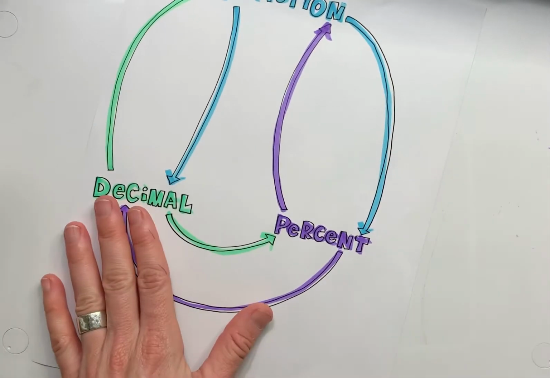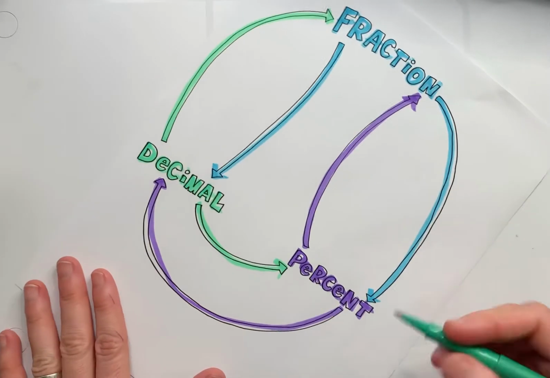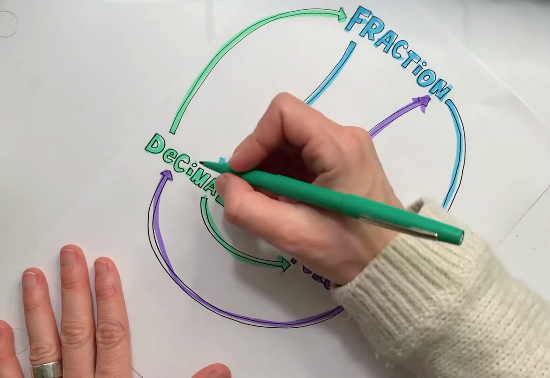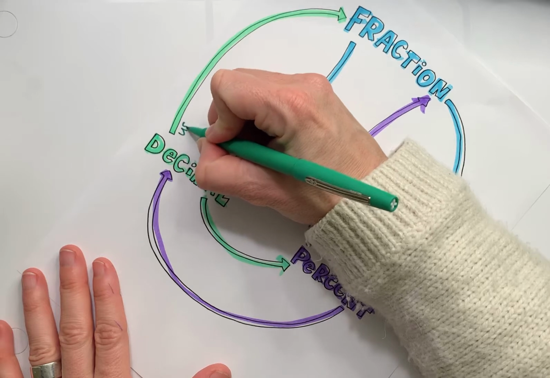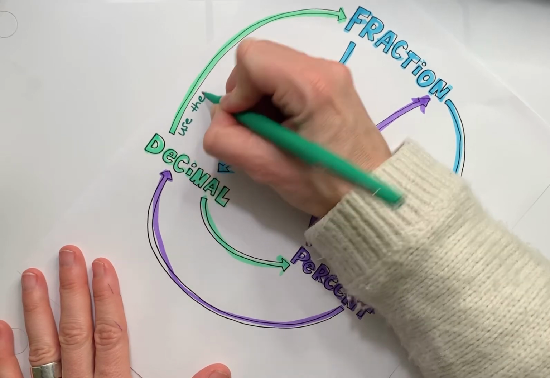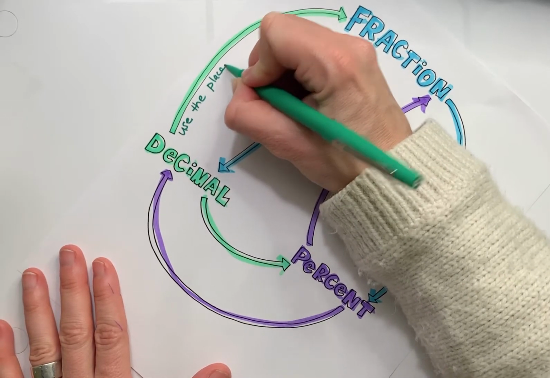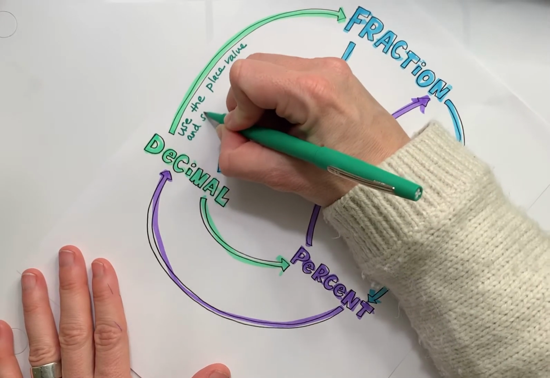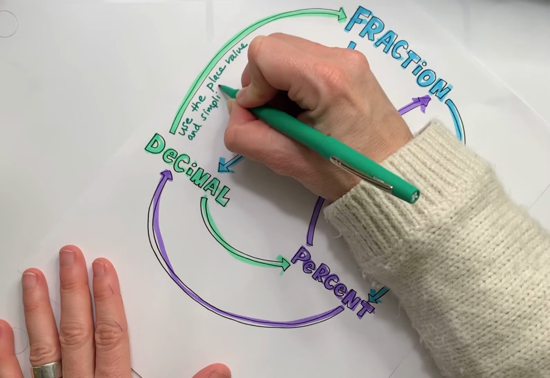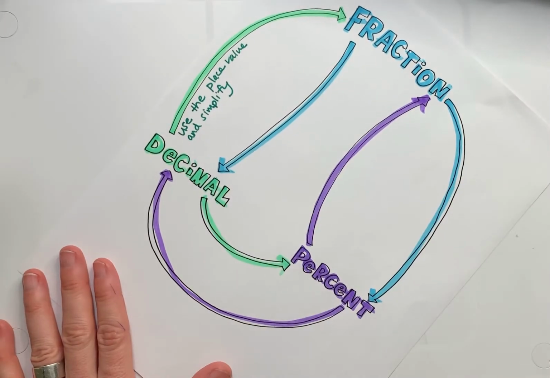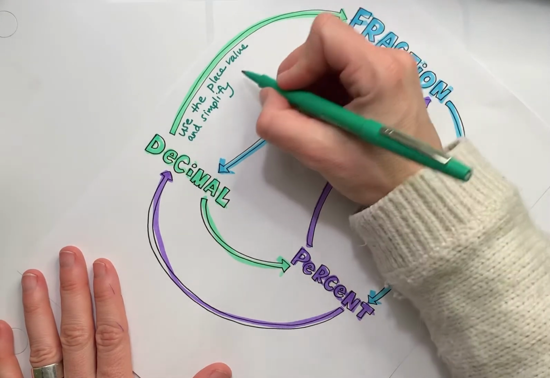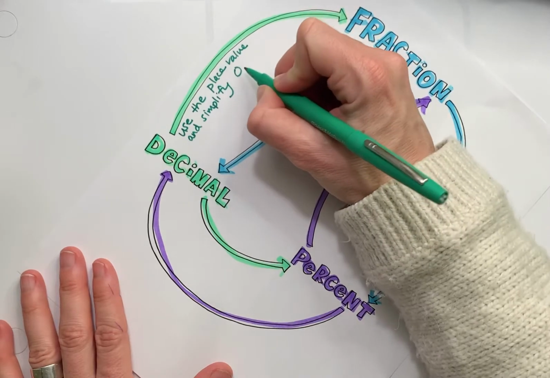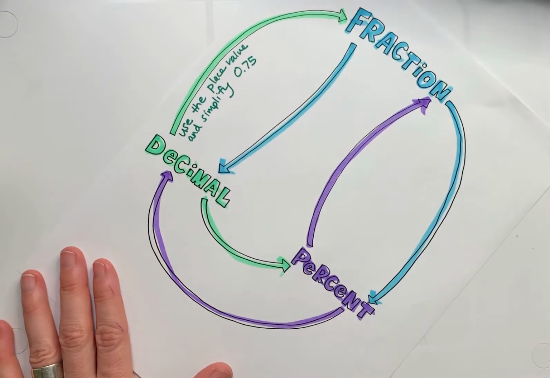All right, so when you're converting decimals to fractions, what you're going to do is use the place value and simplify. All right, so what do we mean by that? So let's say we were to start with 75 hundredths.